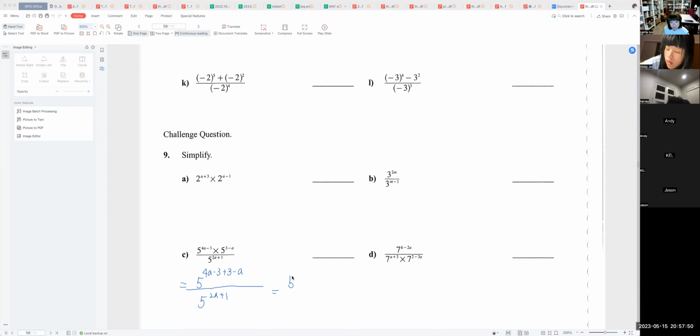Equals 5 to the power 3a over 5 to the power 2a plus 1. Yes, this is very important, so it's 5 to the power 3a. When subtracting, bracket the bottom. So equals 5 to the power a minus 1. So it's 5 to the power a minus 1 for the first one, C.